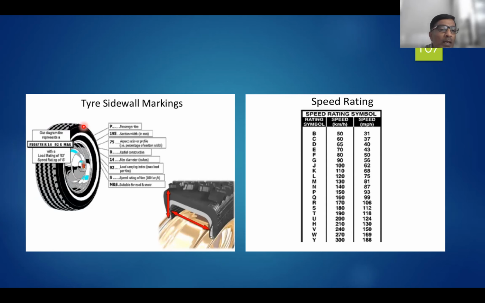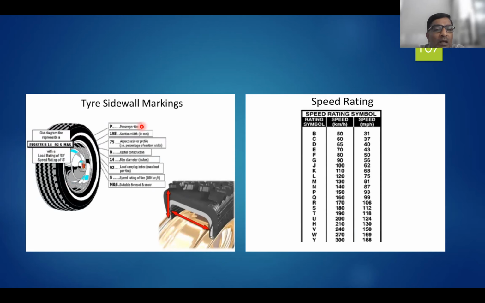Here one representative designation is shown: P195/75R14 92S M and S. So this is the designation for this particular tire. What is the meaning of this?